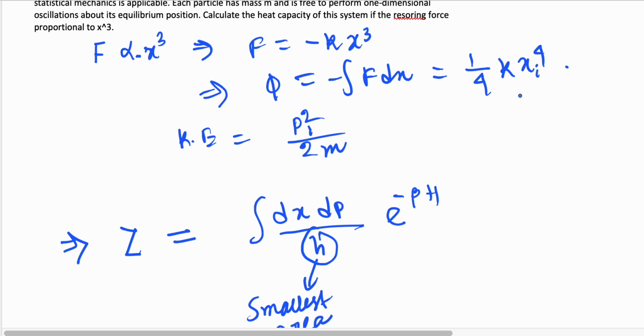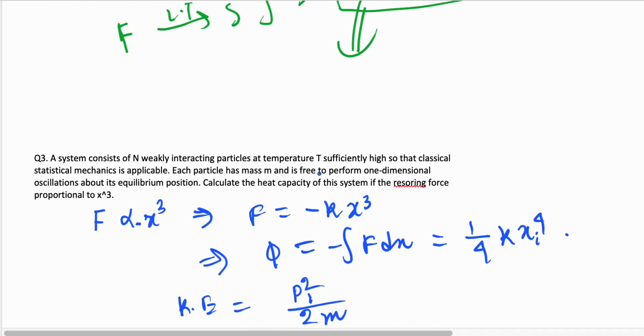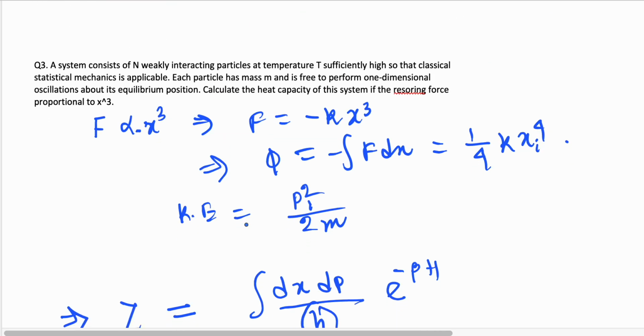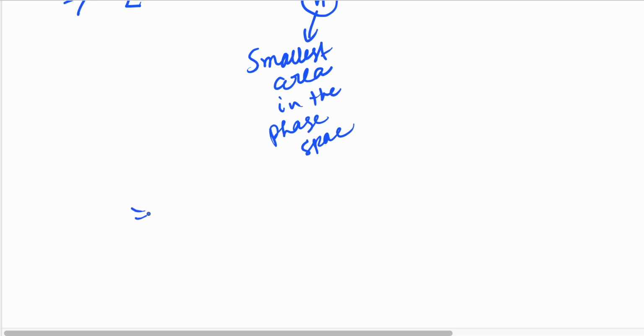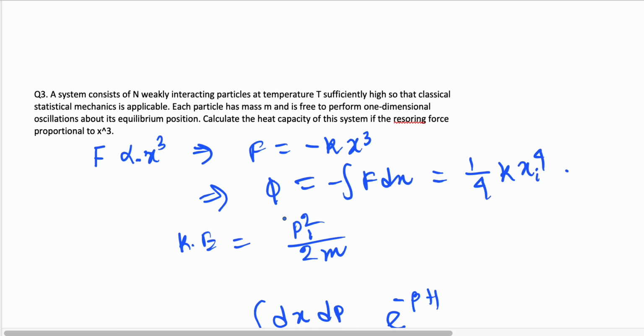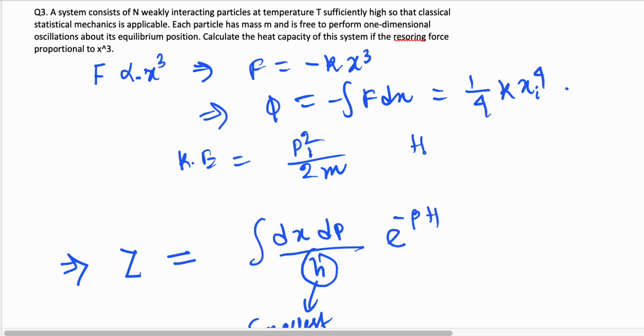I'll calculate only for one particle, and for N particles it will be Z to the power N. For one particle, 1 by h integral dx dp, where x and p both go from minus infinity to plus infinity, of e to the power minus beta H, where H is p squared by 2m plus 1/4 k x to the power 4.